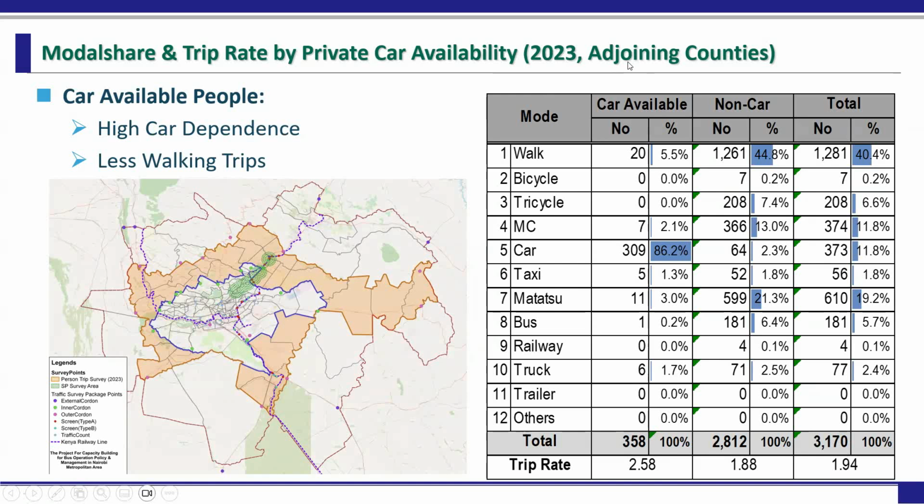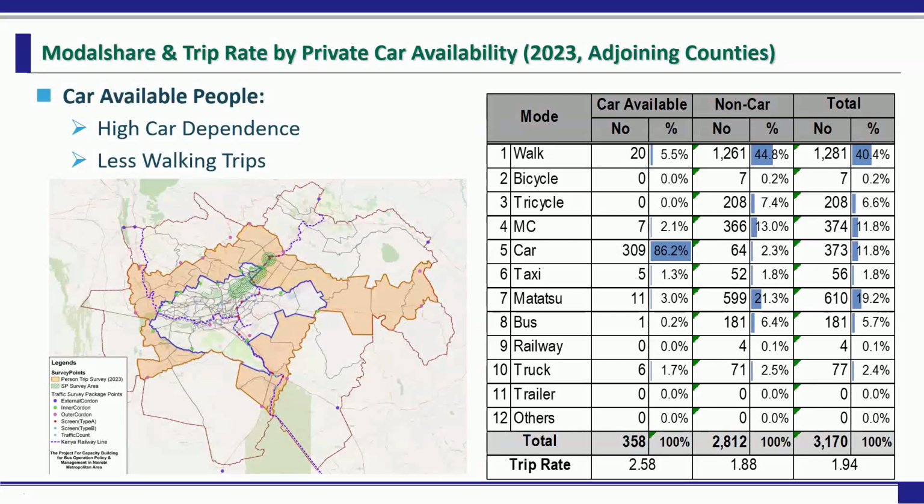Most of the people are classified into the non-car available group. Just nearly 10% is classified as a car available group in the samples.